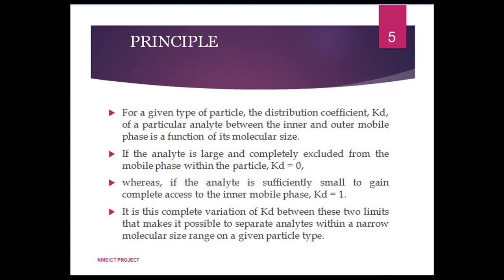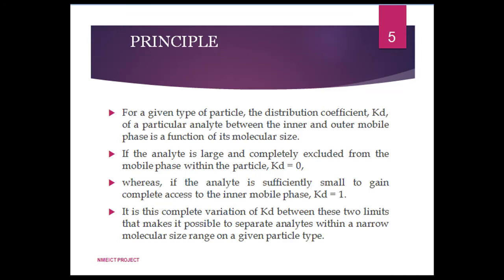If the analyte is large, it will be completely excluded from the mobile phase within the particle. Hence, Kd will be 0. Whereas, if the analyte is sufficiently small to gain complete access to the inner mobile phase, Kd will be equal to 1. Due to variation in size between individual particles, there is some inner mobile phase that will be available and some not available to an analyte of intermediate size.